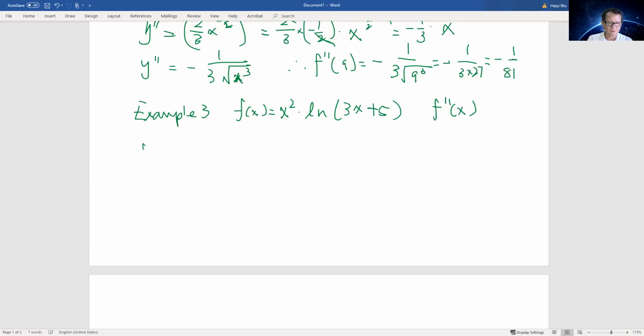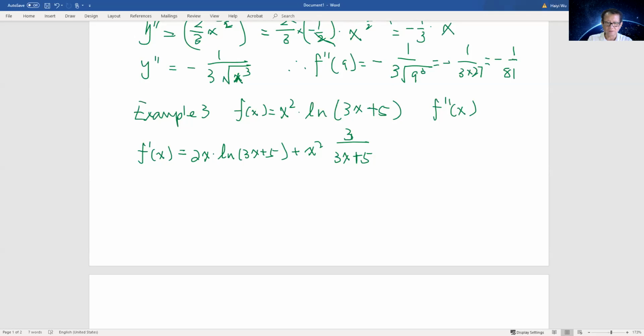So let's do the first derivative first. Obviously this is a product rule, so we're going to use the product rule. So it'll be 2x times log of 3x plus 5, plus x squared times 1 divided by 3x plus 5, then use the chain rule, times 3, so 3 on the top.